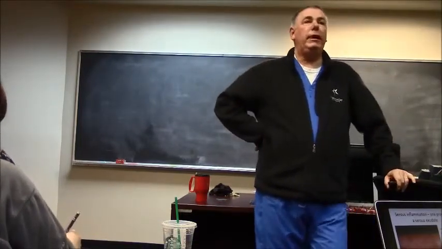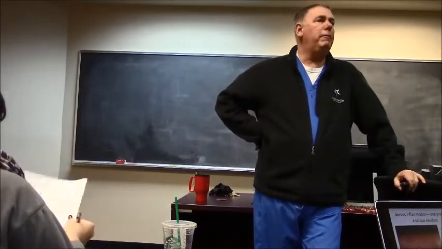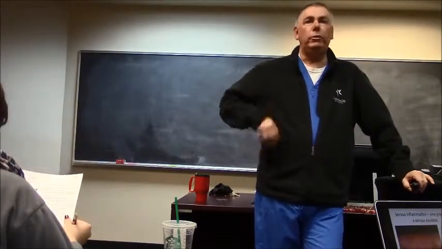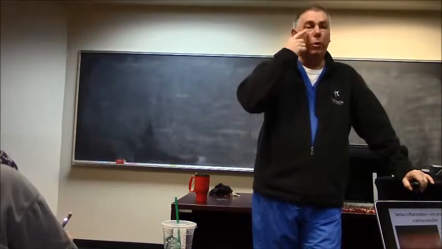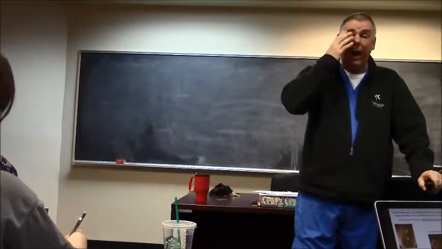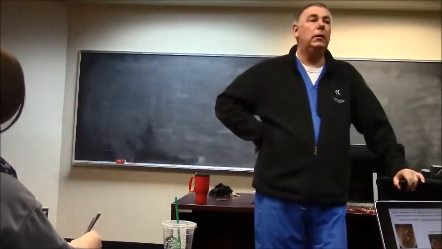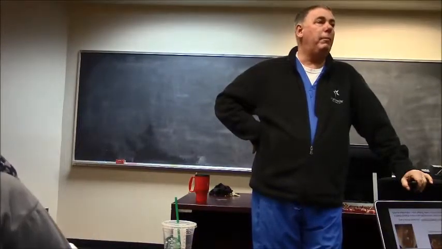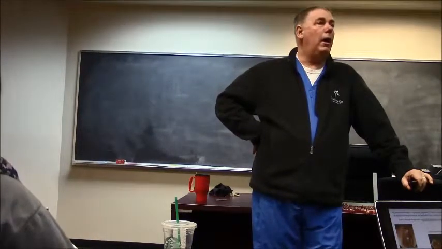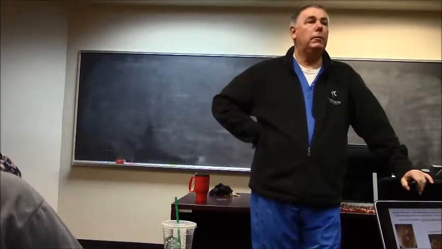Catarrhal inflammation is an inflammatory response involving mucous membranes, like your snotty nose, or conjunctivitis with all the matter in your eyes, especially the little kids, who get this all the time in daycares. It's just an inflammation of the mucous membranes.